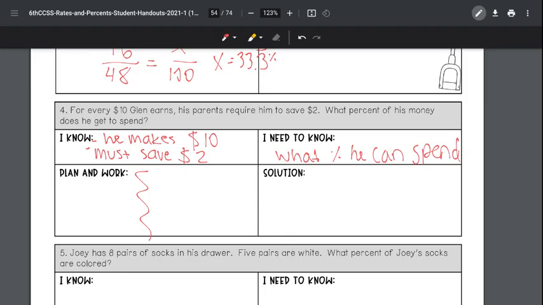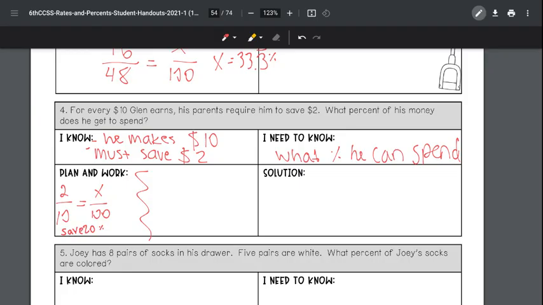We know he has to save 2 out of $10, which is what percent over 100. This way tells us, when we cross multiply and divide, that he has to save 20%. But the problem asks what percent can he spend?